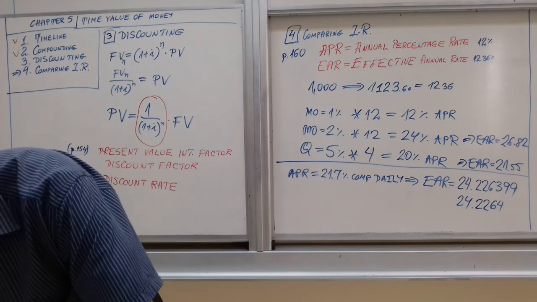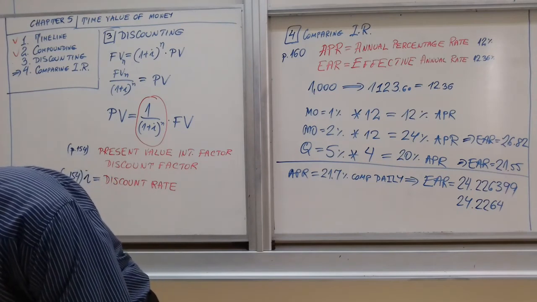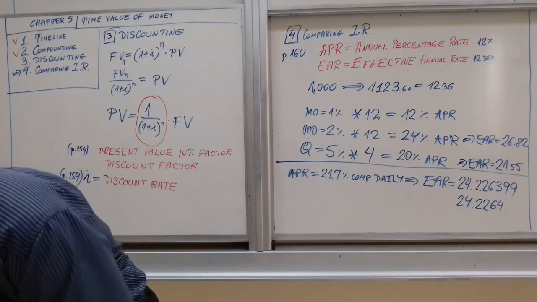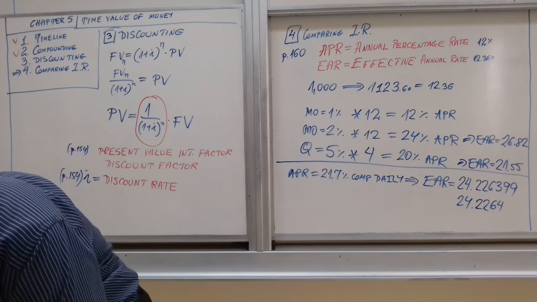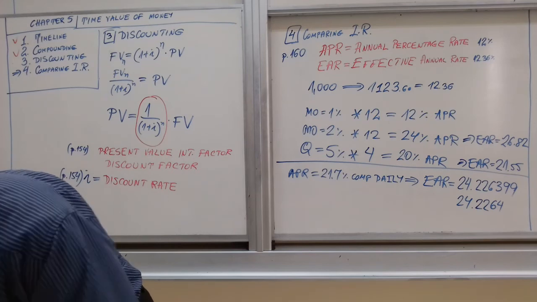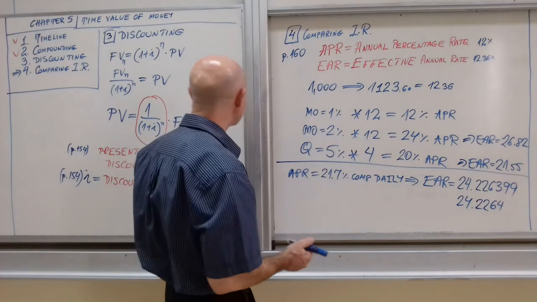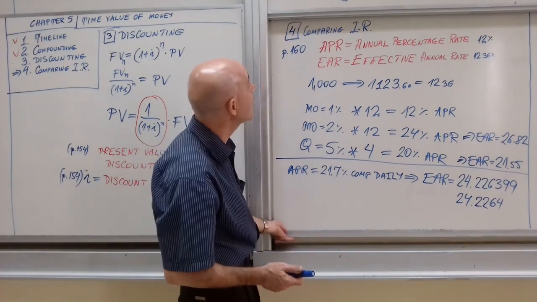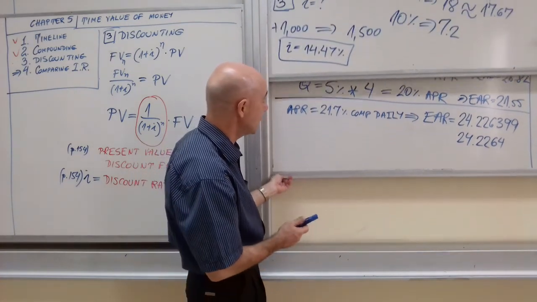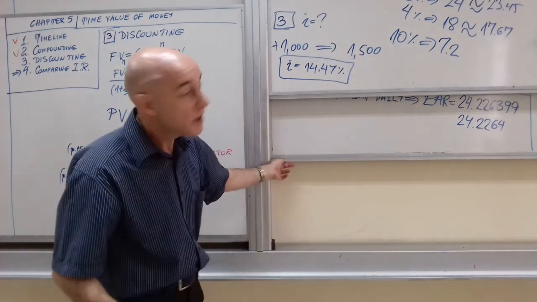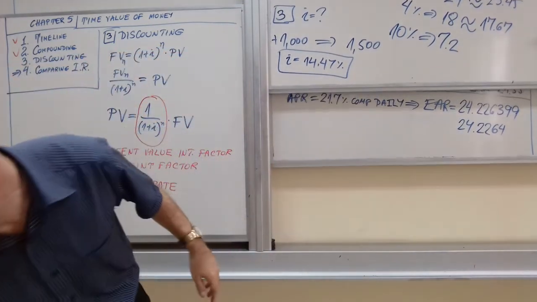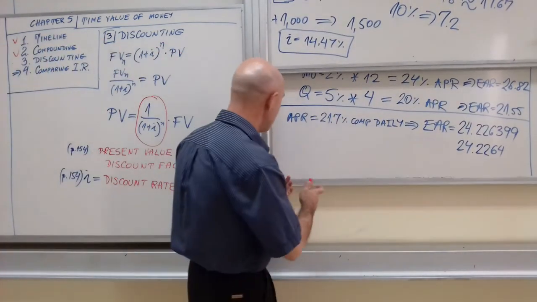Let's see if we got something else so we can finish now. There's some other stuff. Okay, periodic rate. Well, the last concept here is simply called the periodic rate.